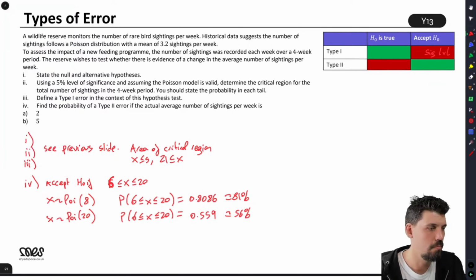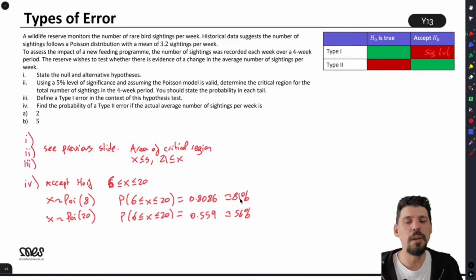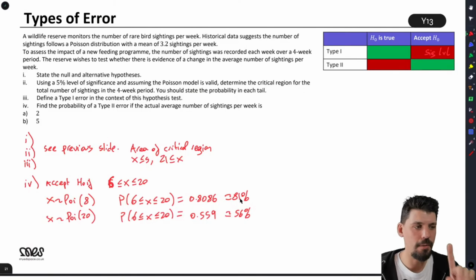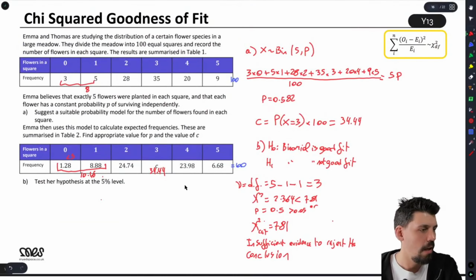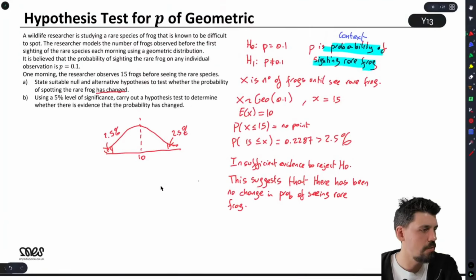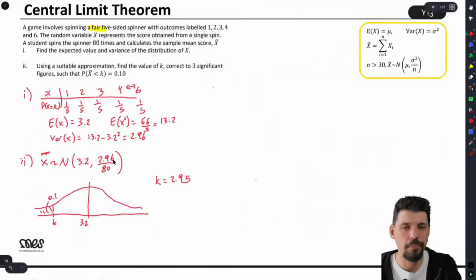Now, this is my last slide. So there is no single probability of a type 2 error. So this is very important. With this hypothesis test, there is a singular probability of a type 1 error, and we pointed it out when we did it previously. It was over here, 3.4%, 3.4% probability of a type 1 error.